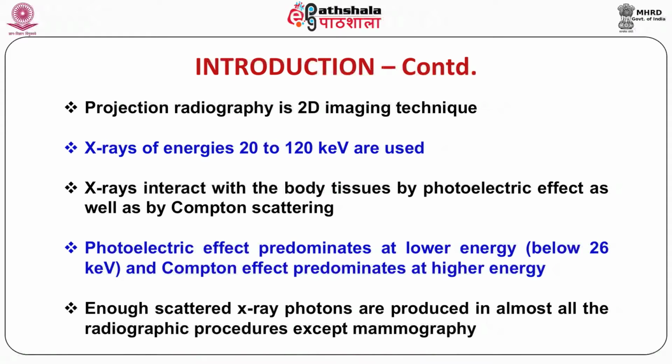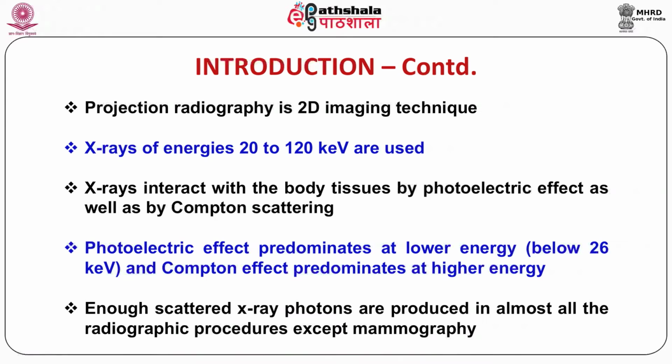The probability of Compton scattering in body tissue is about the same as for the photoelectric effect at 26 keV, and above 26 keV the Compton scattering is dominant. In case of higher atomic number material like bone, which has effective Z of 13, the probability of interaction of X-rays of energy about 35 keV through photoelectric effect and Compton scattering is approximately the same.